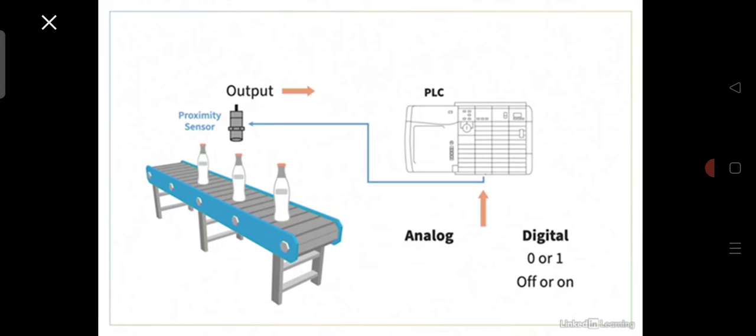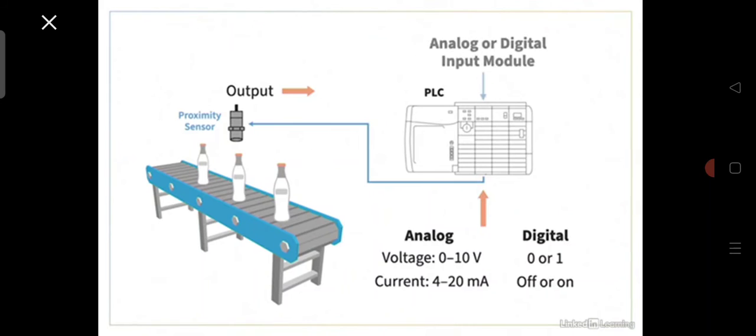Digital output is 0 or 1, an on or off state, and transferred to a PLC digital input module. Analog output, either voltages, usually 0 to 10 volts, or current, 4 to 20 milliamps, is sent to a PLC analog input module.